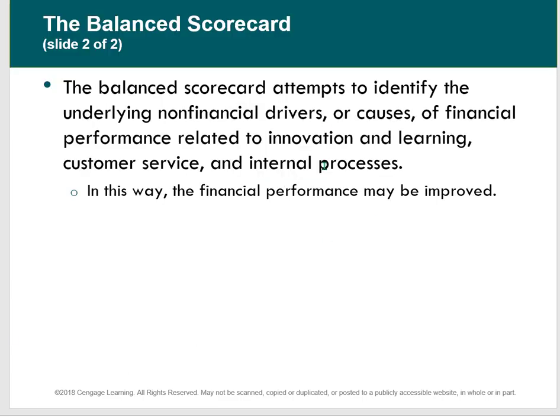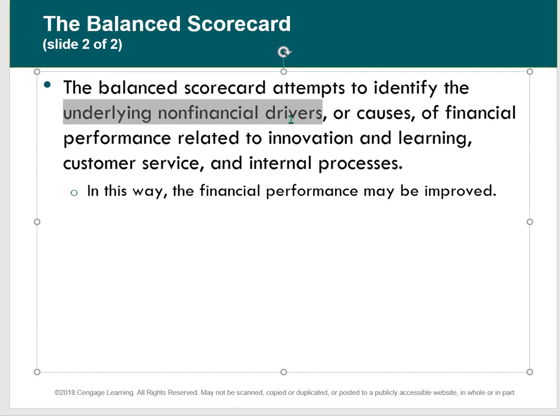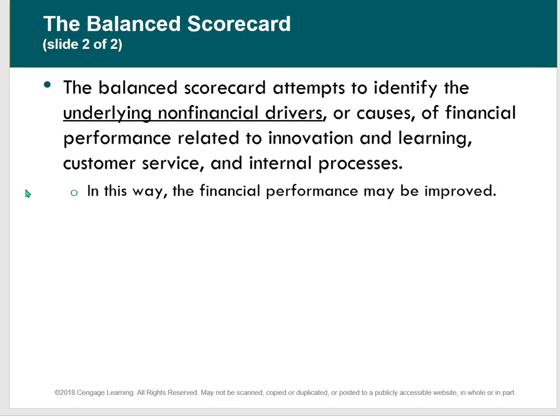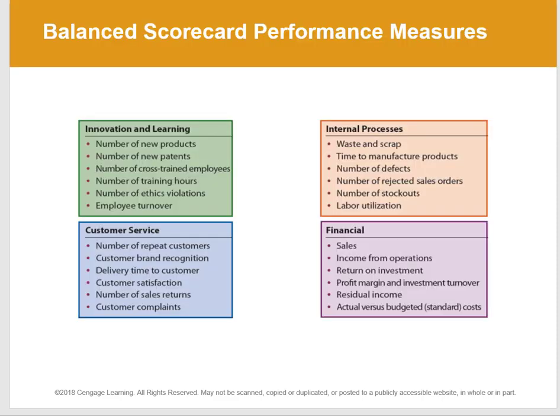And the balanced scorecard attempts to identify underlying, that's really important, non-financial drivers or causes of financial performance. Okay? So in this way, if you're paying attention to these other factors, then the financial performance could improve. Okay? We can't always just cut costs or increase sales. Nothing's that simple.